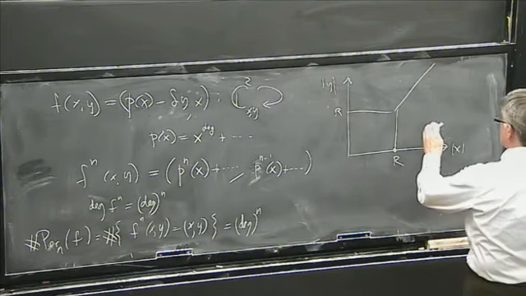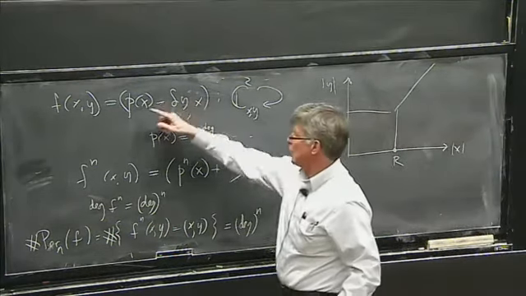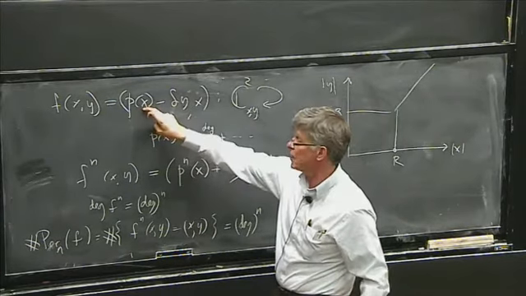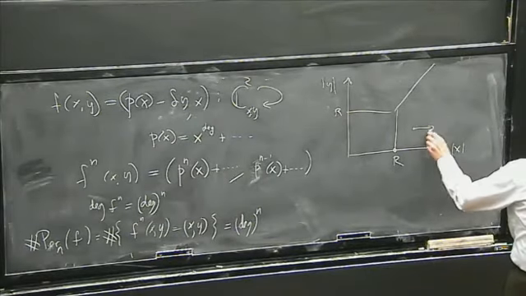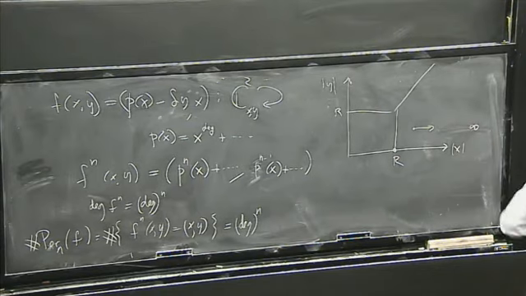In this region, when x is bigger than y, when you apply the mapping F, you're taking x to some large power, so it gets much, much bigger than y. So whenever you're out here, you're going off to infinity, very fast in fact.